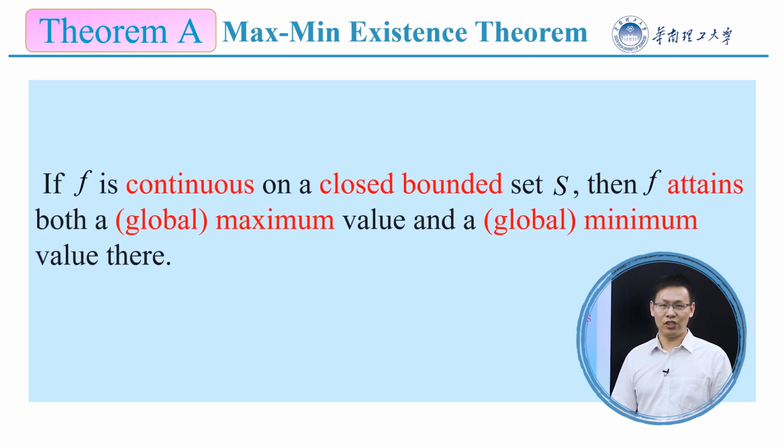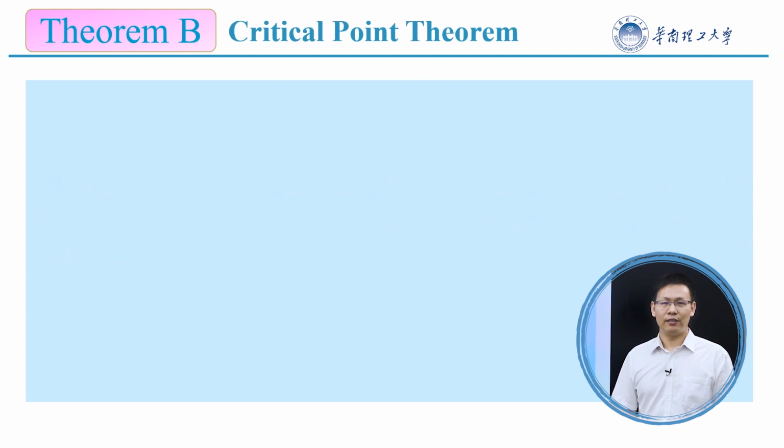If f is continuous on a closed bounded set S, then f attains both a global maximum value and a global minimum value there.